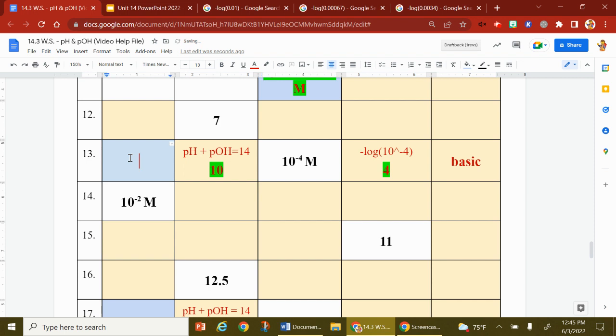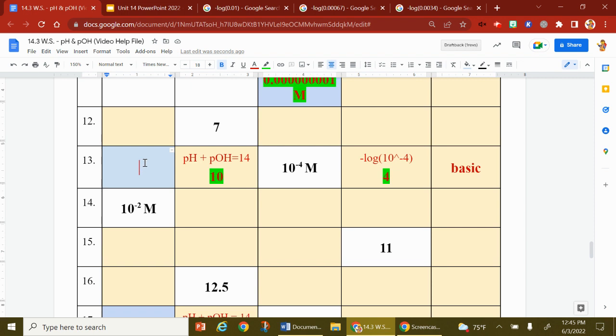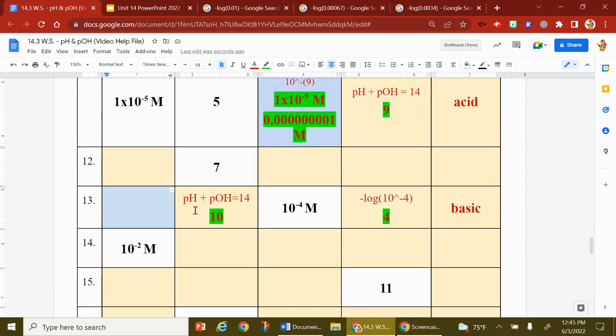Okay. How about this? What's the concentration of the acid in this solution? How strong are the H plus ions? What's the molarity? Well, the concentration of the acid is going to equal 10 raised to the negative log.